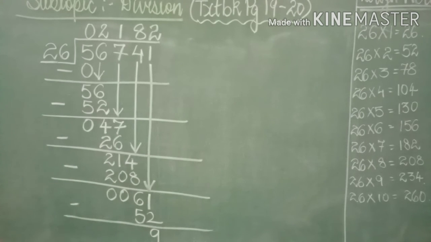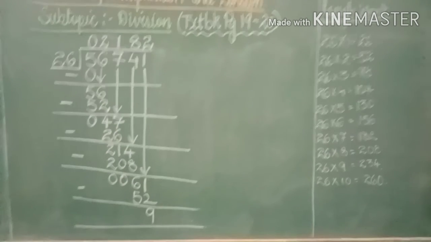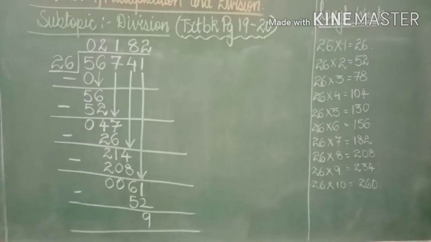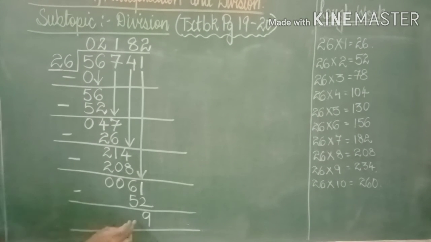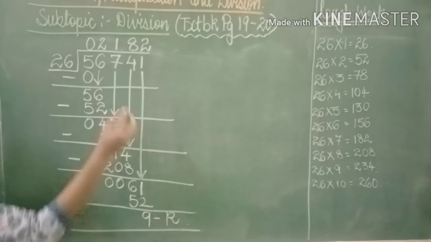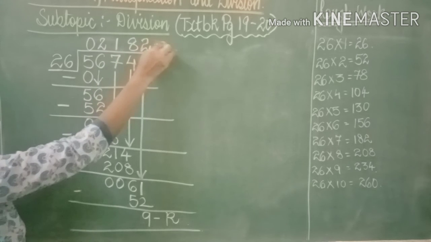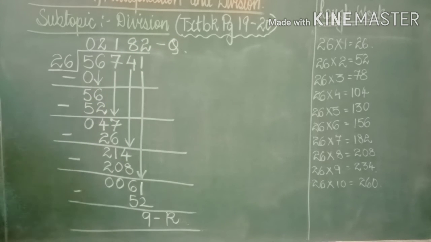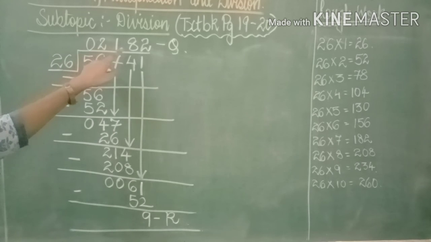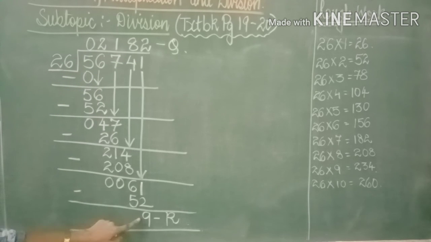Number 9 is called as remainder. 2182 is called as the quotient. Now we will be writing it in the form of an answer. Answer: quotient is 2182 and remainder is only 9.